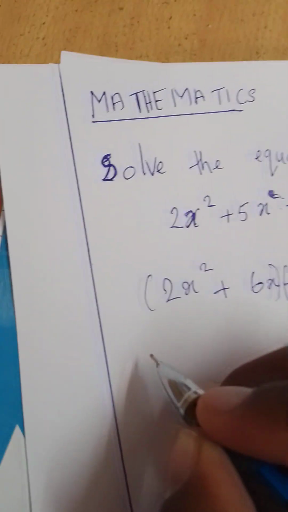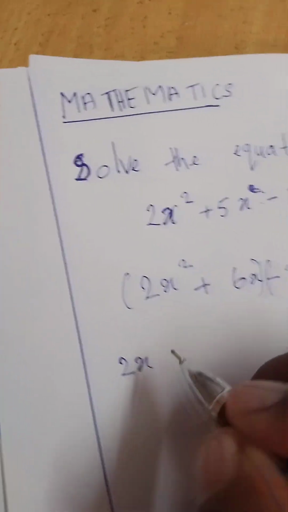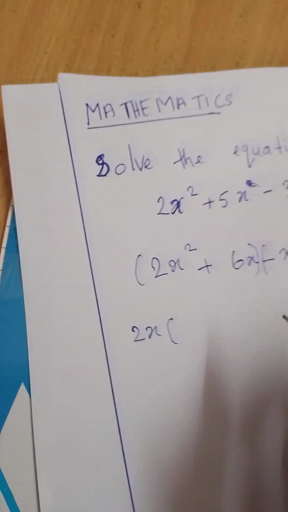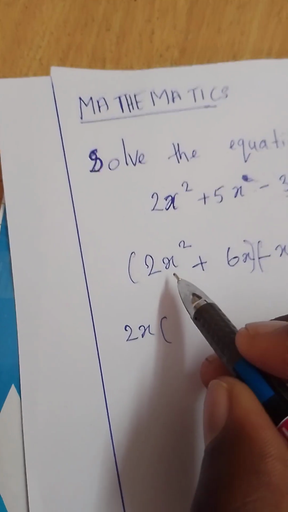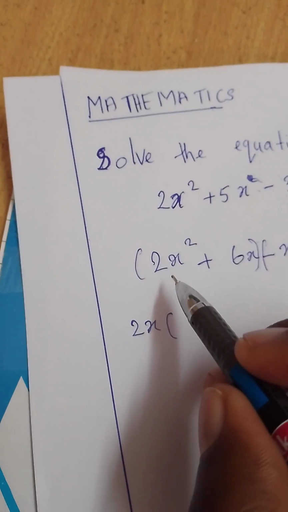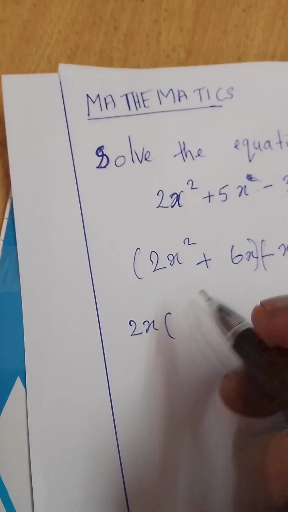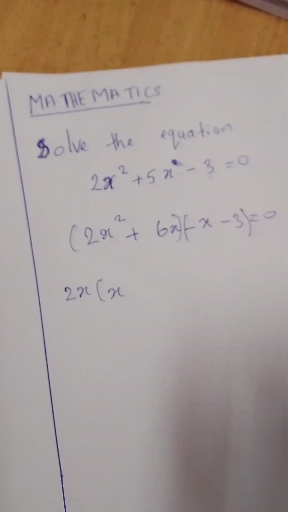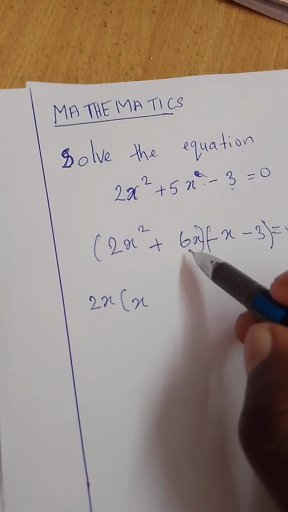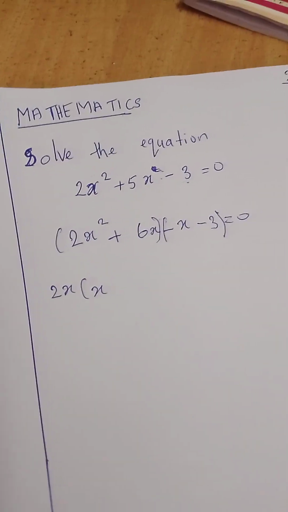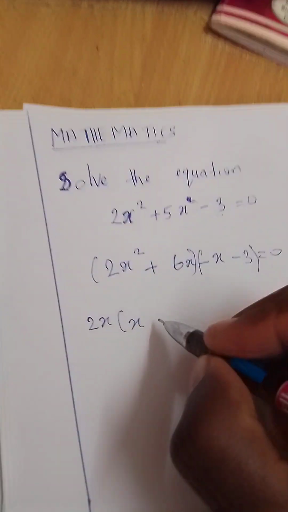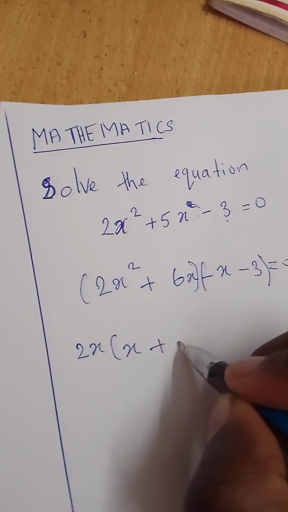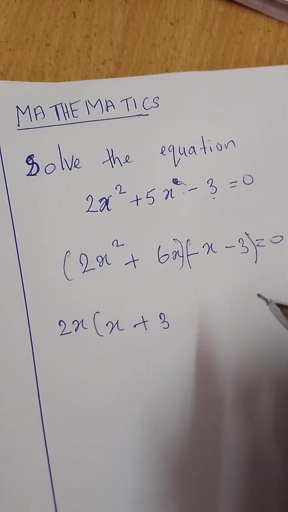If you factor out 2x from here, what will remain in this box? 2x squared divided by 2x will be x. After you factor out 2x from 6x, the remainder will be 3.